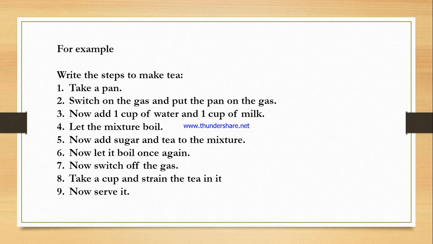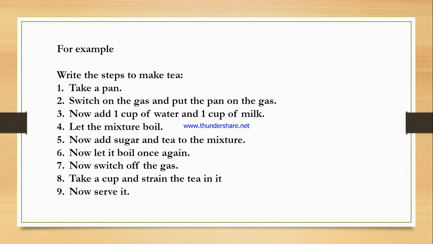After that we will add 1 cup of water and 1 cup of milk, and then we will boil the mixture. After that you will add some sugar and some tea to the mixture, and again you will boil it. Once the tea is made, you switch off the gas, and after that you take a cup and strain the tea.